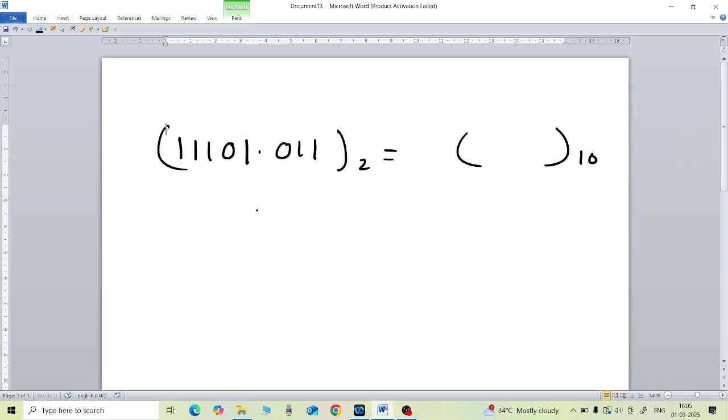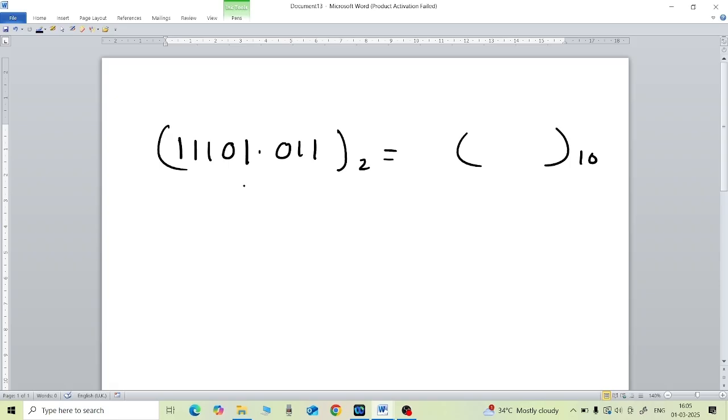The procedure is: there are only two digits or symbols occurring in the binary number. We know that. Just if it is 1, multiply by its positional weight, and if it is 0, multiply by its positional weight, then sum up all the individual terms, and we will get the answer. We will see with an example.